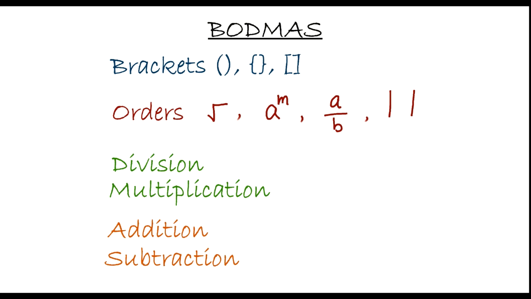Now comes division and multiplication. As you see here, division and multiplication have the same rank. That means whichever you have, you will do it. If you have multiplication and division both in a numerical expression, you will do the one that you find first from the left. Suppose you first have division, then multiplication.